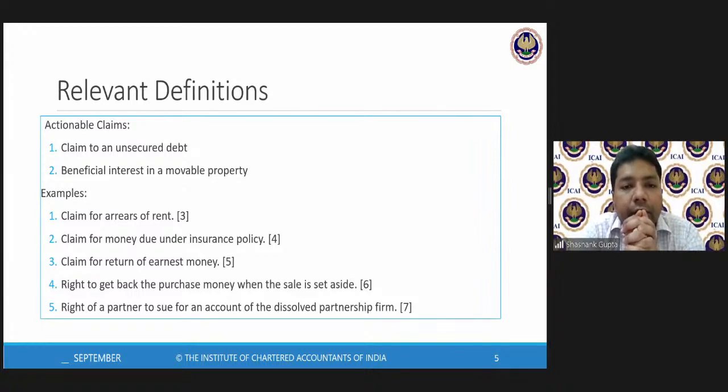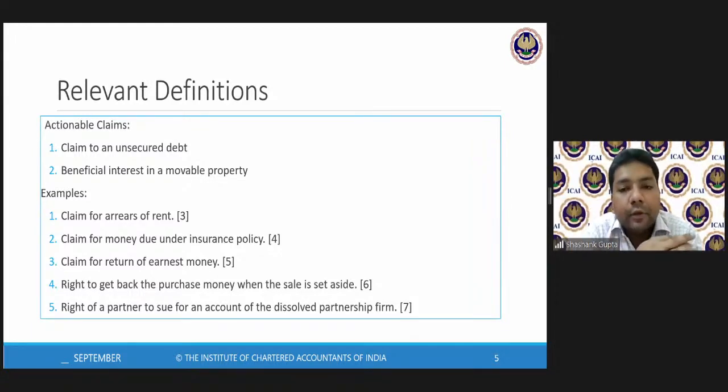Claim for return of earnest money. Certain connections require an earnest money deposit, like earlier mobile phone connections, where you needed to make a certain earnest money deposit. When the connection is disconnected and you claim the return of this earnest money deposit, that claim is also an actionable claim. Right to get back the purchase money when the sale is set aside.